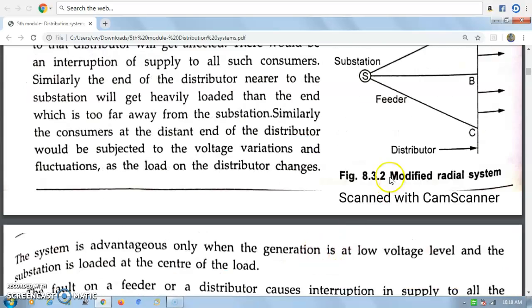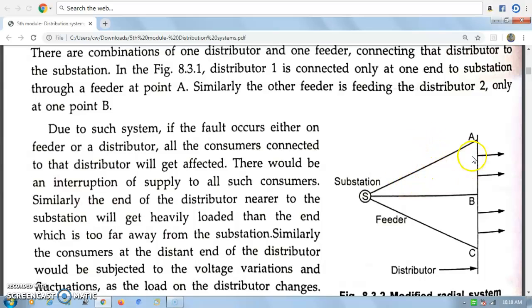See here the modified diagram. We can modify the radial system like this, so that if any fault occurs on the feeder, the distributor is fed at a number of points.